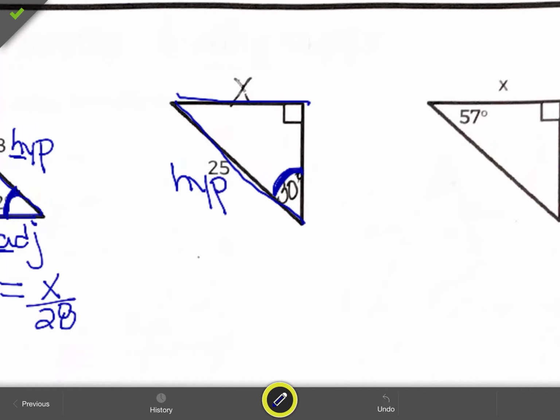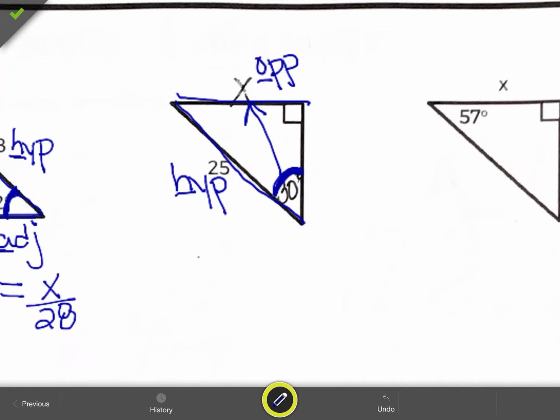Now I need to label the side with the X, so I use this angle, my reference angle, to decide, is it opposite or is it adjacent to the 30 degrees? Hopefully everybody sees it's opposite, it's across from. Okay, so that makes it opposite. I'm not going to label adjacent because there's nothing there, I don't need it. So now I got to go, which trig function has O and H, opposite and hypotenuse?